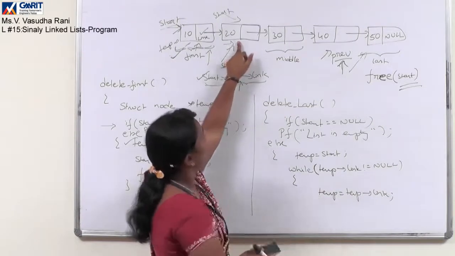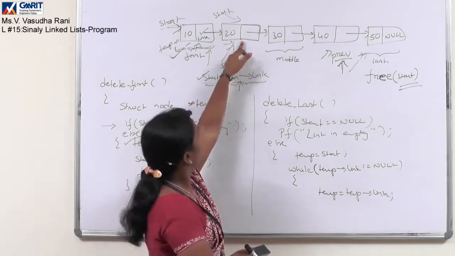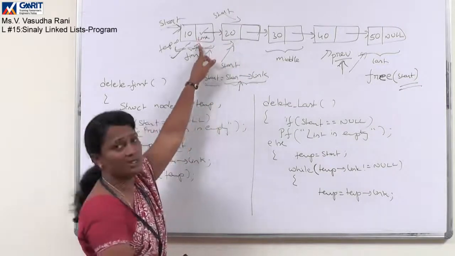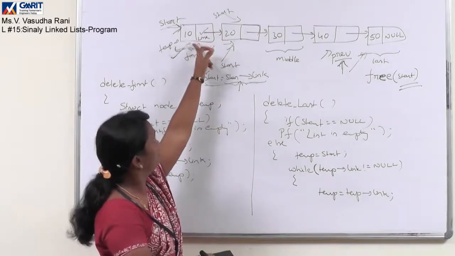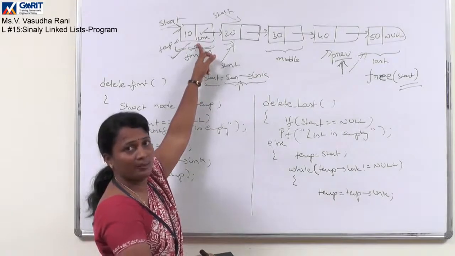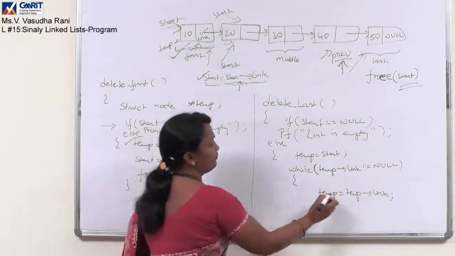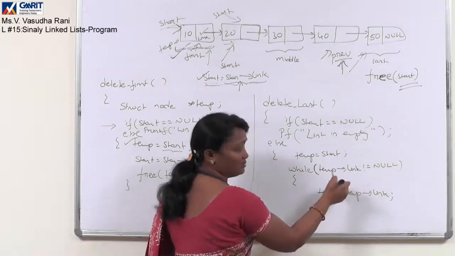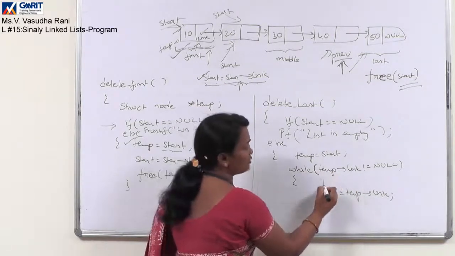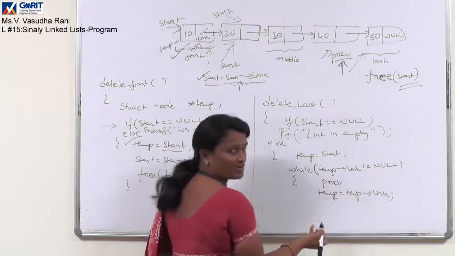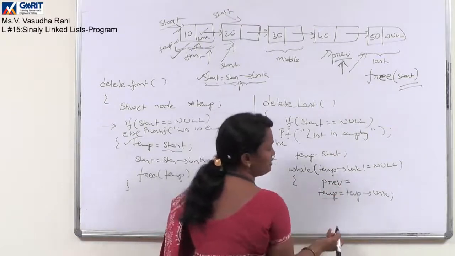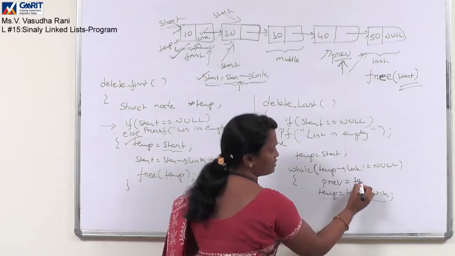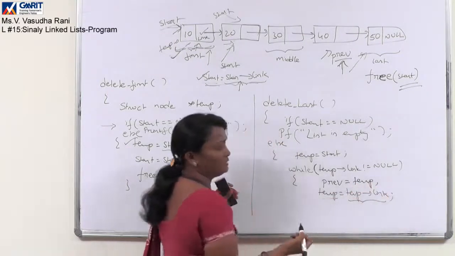Now this will become your current temp. But before making this your current temp, you have to name the node before it as previous. So before making the next node your temp node, its previous node you have to store in the previous pointer. For that, temp link will be the next node, meaning temp will be the previous node. So previous equal to temp.